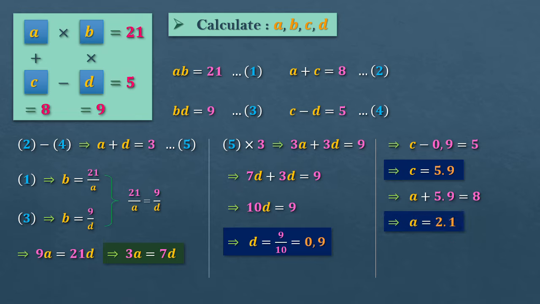Finally, substituting A into equation 1 gives 2.1 multiplied by B equals 21, which implies B equals 10. By systematically combining the four equations, we successfully determine the values of all variables. A equals 2.1, B equals 10, C equals 5.9, and D equals 0.9.